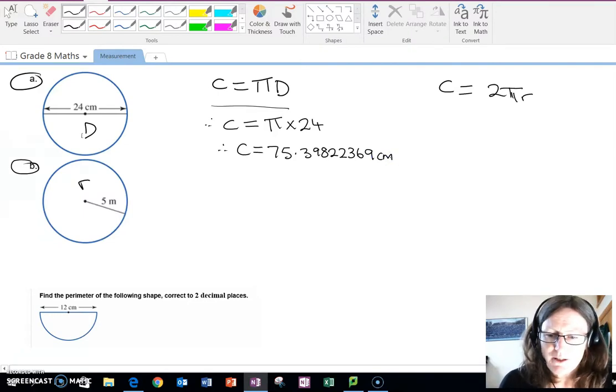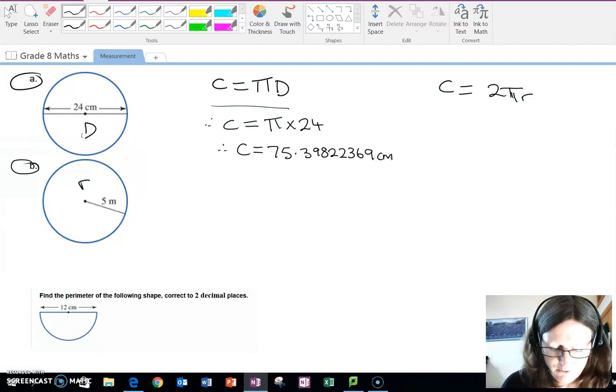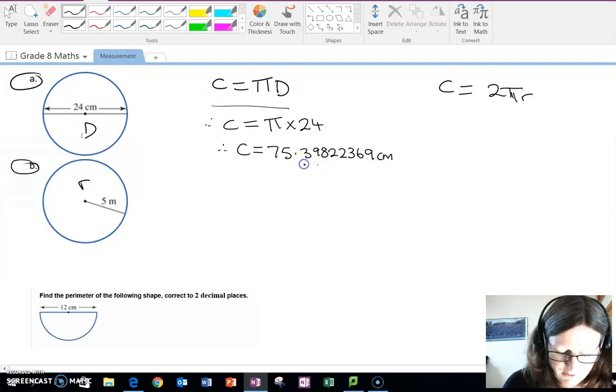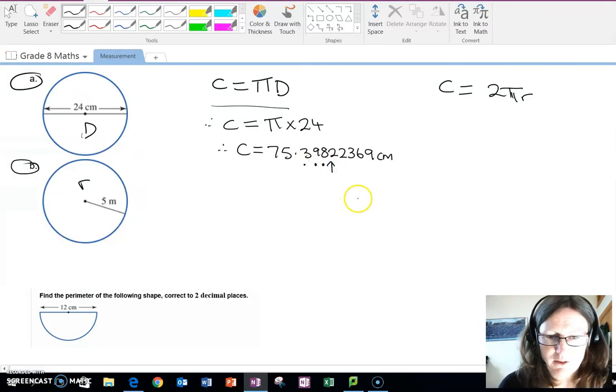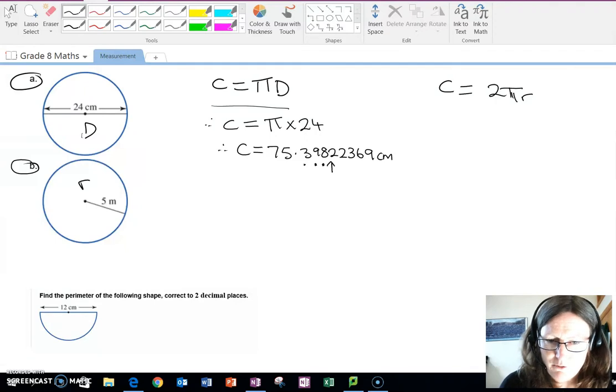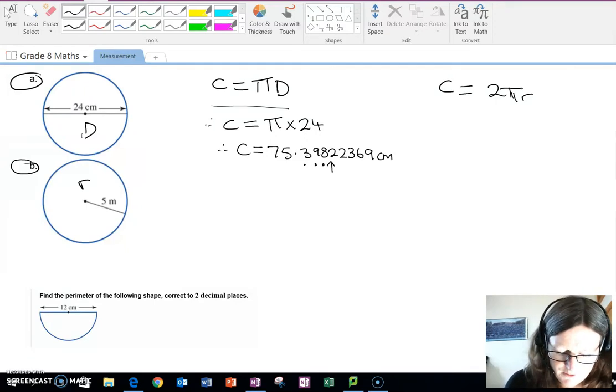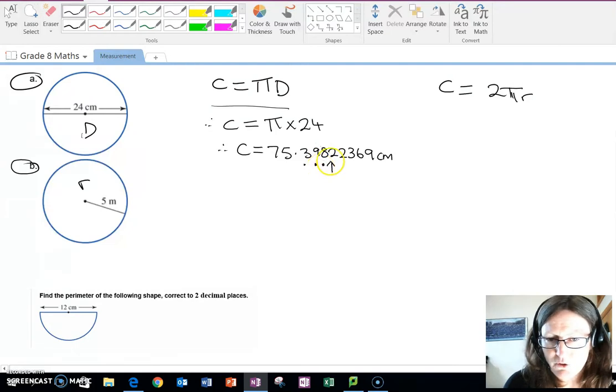If we were asked to round that off to, let's say, 3 decimal points, we look at the 4th decimal point. If that number is 5 or greater, then we would move this 8 up 1 to a 9.